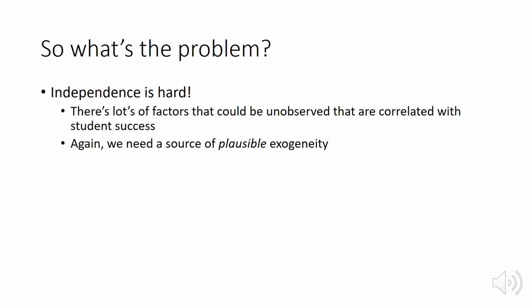Whether it's how fast am I going to swim this weekend, or how well am I going to do on this test, or am I going to get pulled over by the cops, or any other thing that interests you when it comes to making a data-driven decision, it's hard to find this conditional independence. There's lots of unobserved factors.